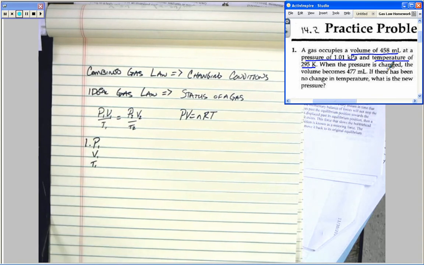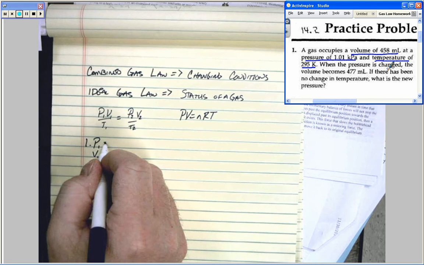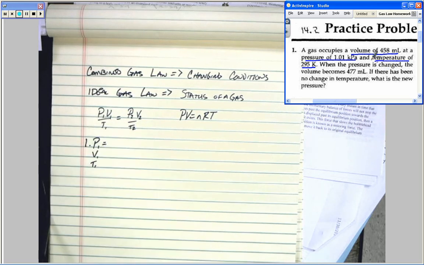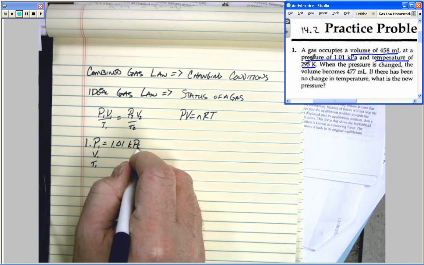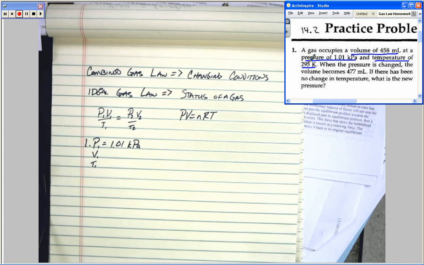What are we starting with? Well, our P1, our initial pressure, was right here, 1.01 kilopascals. I'm sorry, that's P1.